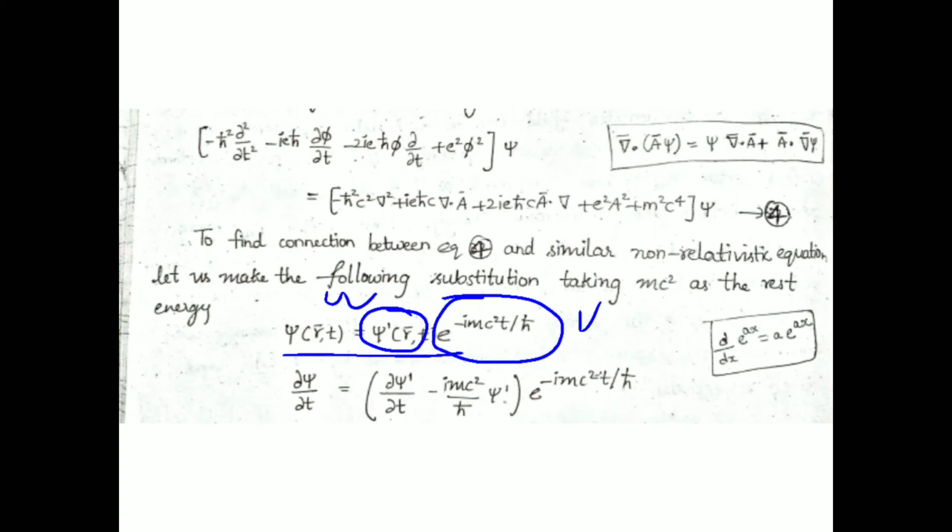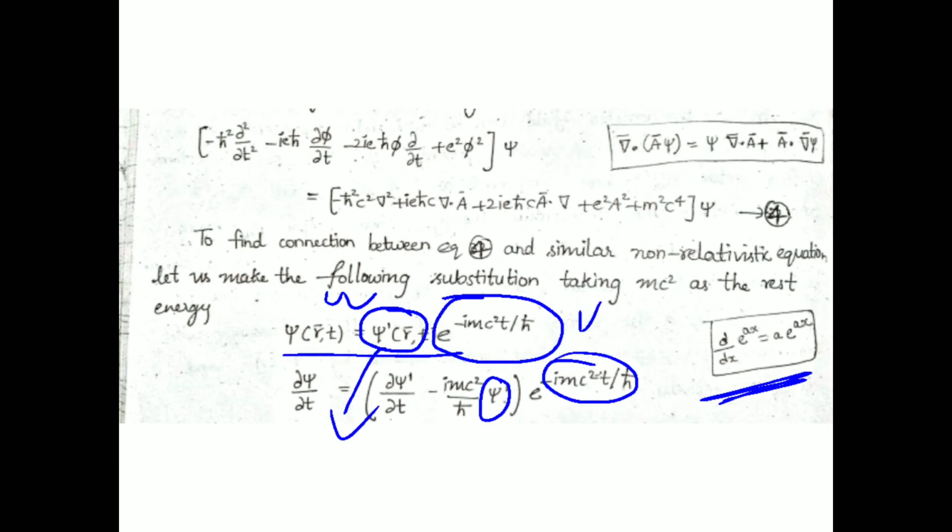Next, we have found v du. Now u dv: we keep the ξ' term aside and differentiate the v term. We know that the differentiation of e^(ax) is a times e^(ax). So ξ' remains aside, and the differentiation of e to the power of this term is e to the power of that term multiplied by a.